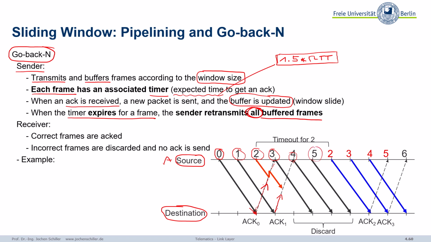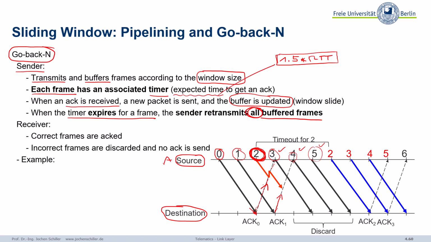Maybe the window is large. That's not the point. But as you see here, we may lose a packet in between. It's fully okay to send 3, 4, 5 because this depends on the window. We send, as we learned, several packets within the window. They can be sent unacknowledged.